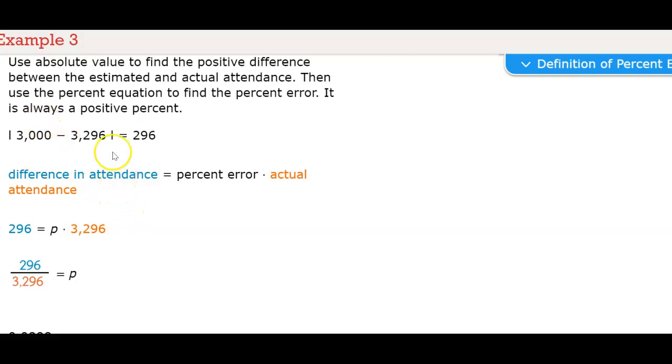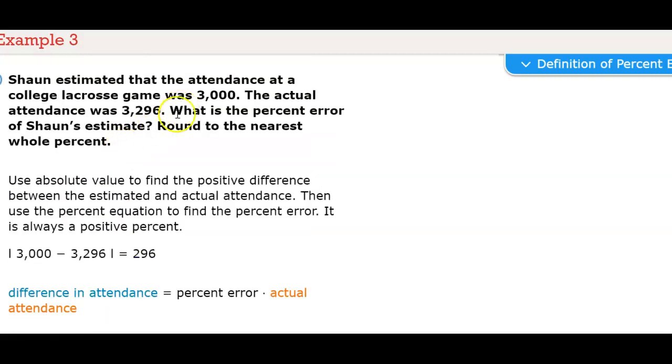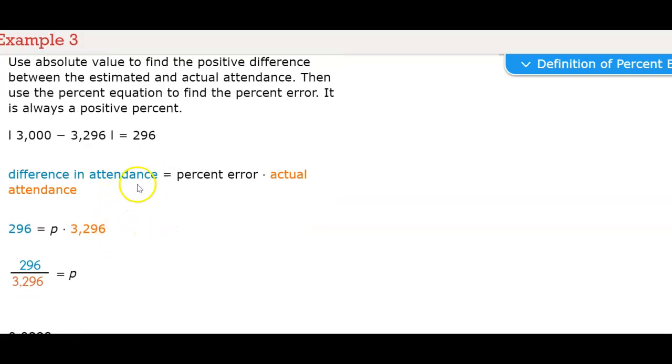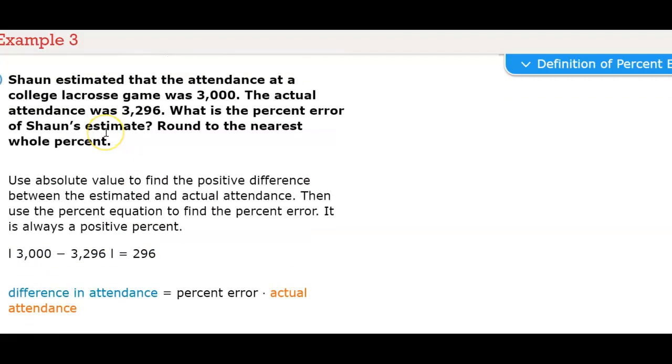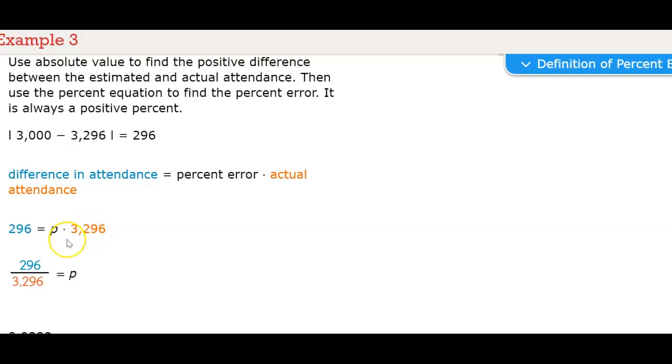So we have the absolute value of 3,000 minus 3,296, and that equals the percent error times the actual attendance. So they subtracted those two, got 296. The percent times the 3,296 in attendance to the lacrosse game.